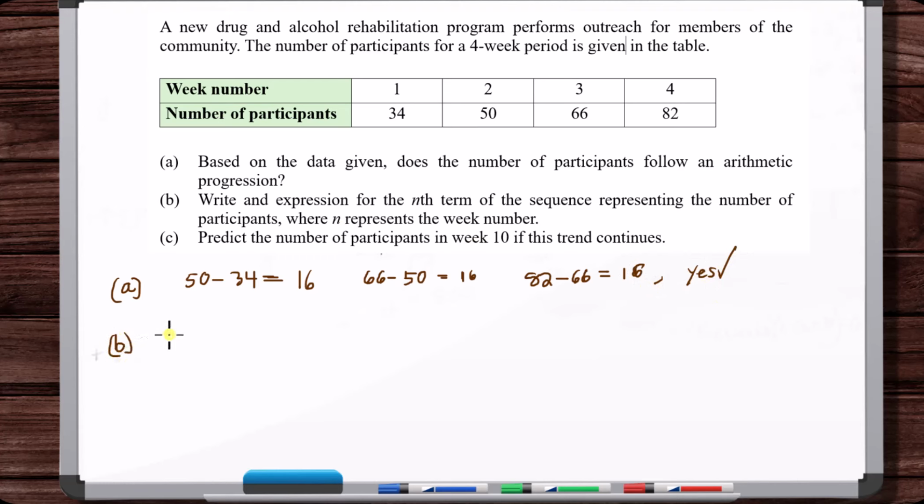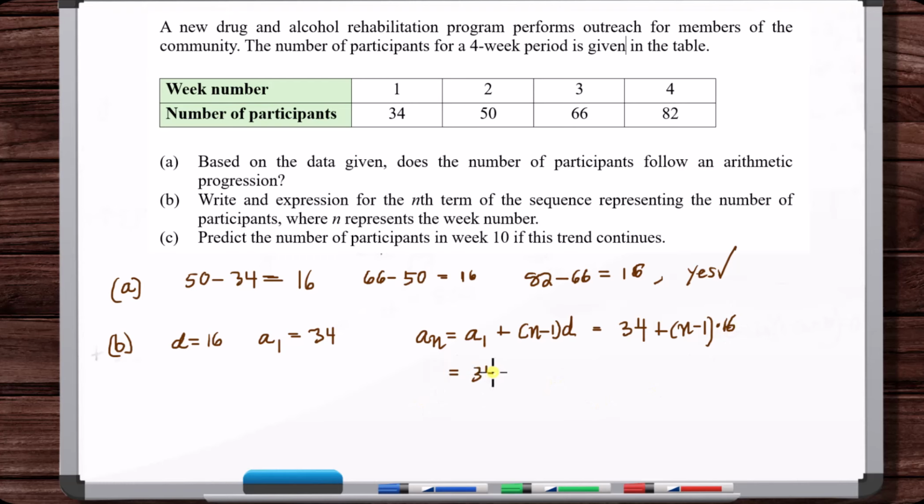Write an expression for the nth term of the sequence representing the number of participants, where n represents the week number. Again, a formula for an arithmetic progression. We know that our D is positive 16, and our A1 is 34. For an arithmetic sequence, A sub n is A1 plus n minus 1 times D. So 34 plus n minus 1 times 16.